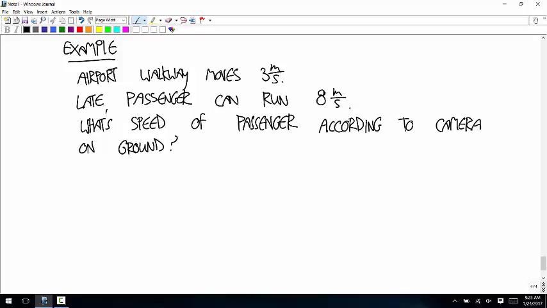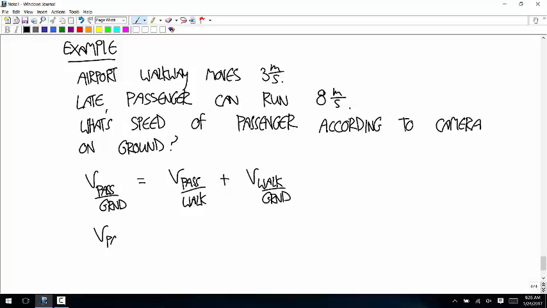So how does this go together? Well, the velocity of the passenger relative to the ground is equal to the velocity of the passenger relative to the walkway plus the velocity of the walkway relative to the ground. So the velocity of the passenger relative to the ground is what we're trying to find.